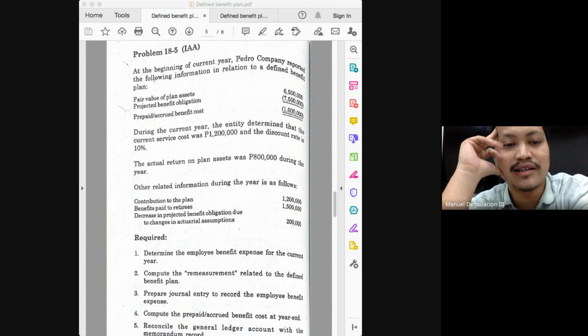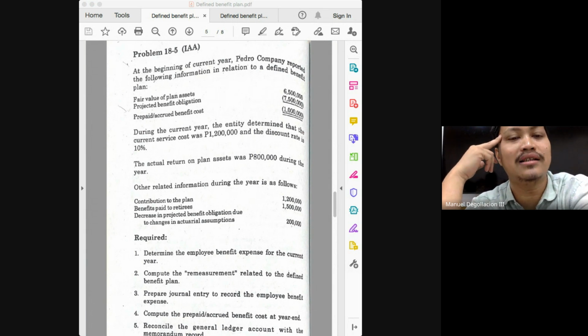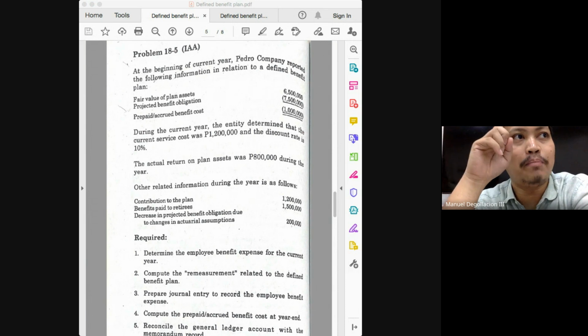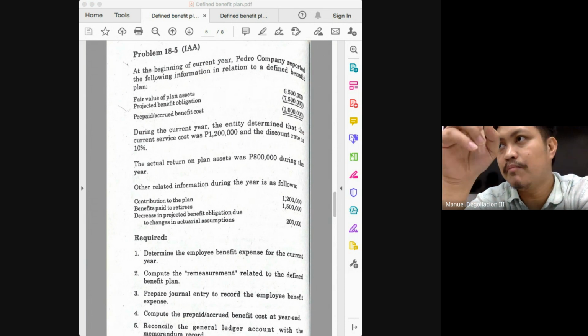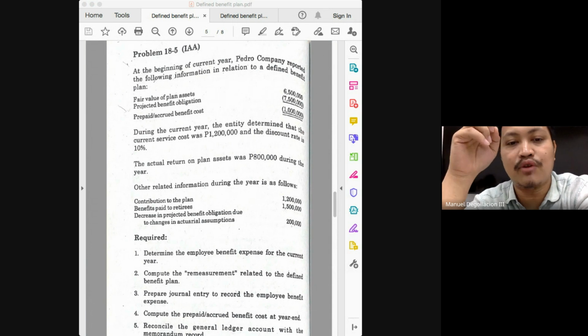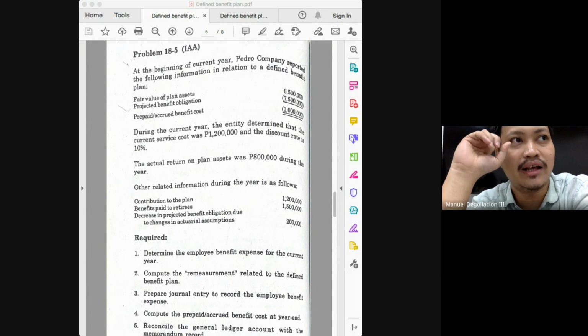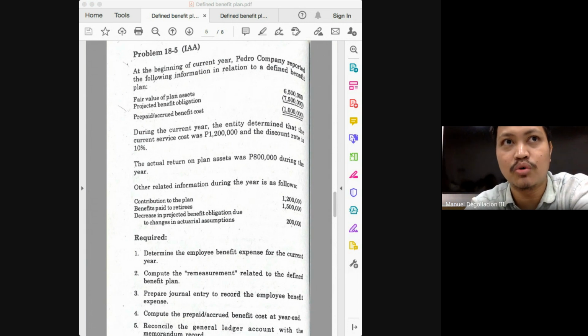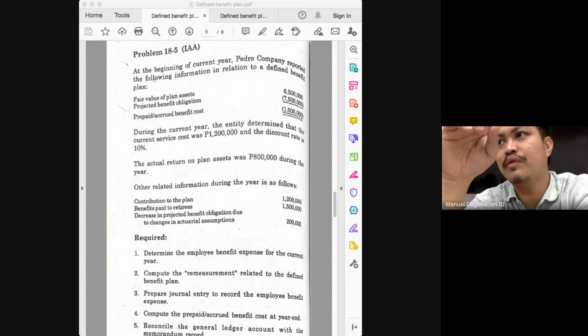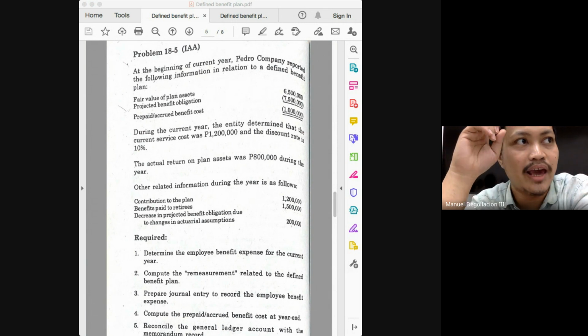Okay, and since this is a decrease, this I want you to analyze now, class. If your PBO decreases, is that a positive or a negative thing on your part? If your obligation goes down, is that a good or a bad thing on your part? That's a good thing because your obligation goes down. So the treatment of this 200,000 would be as a gain.